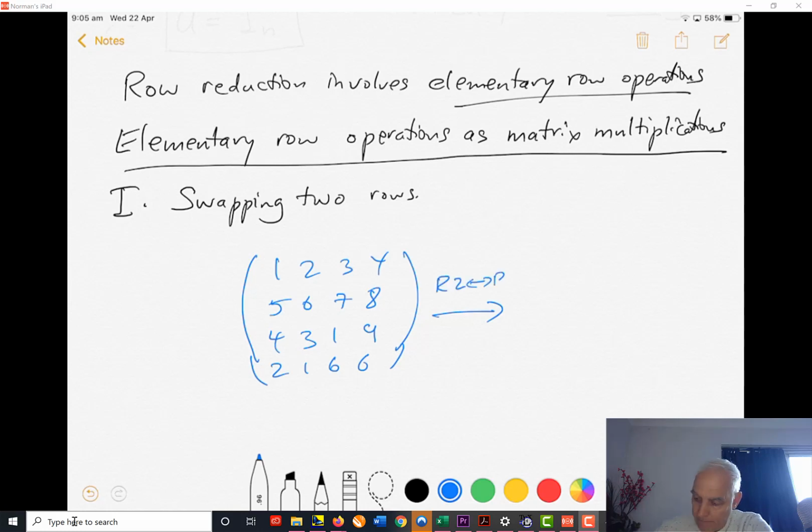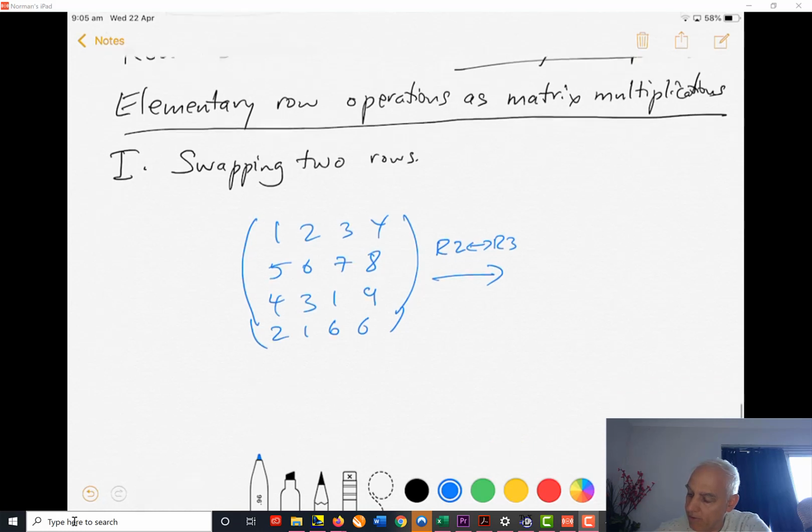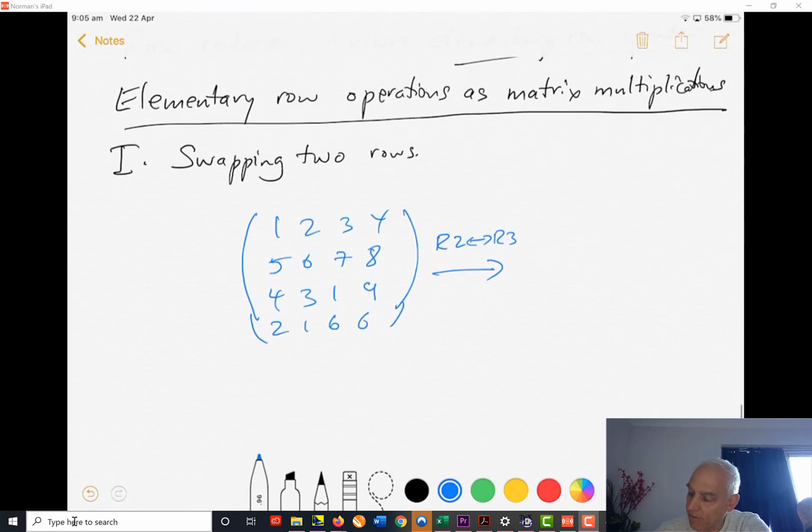So I want to go to 1, 2, 3, 4, 4, 3, 1, 9, 5, 6, 7, 8, and 2, 1, 6, 6. How can I do that? By matrix multiplication.